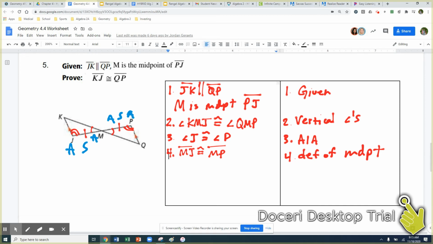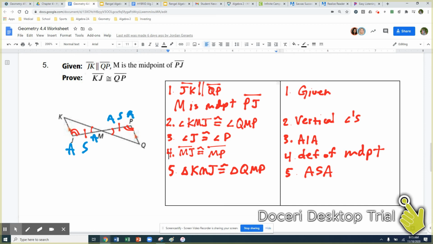I'm going to copy this angle up here, KMJ and QMP, so that I have that congruent statement all ready to go. So number 5, I'm going to say triangle KMJ is congruent to triangle QMP. And my reasoning there is ASA. Now that we've got the triangles congruent, we don't need any other information.